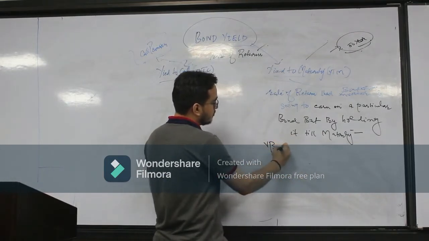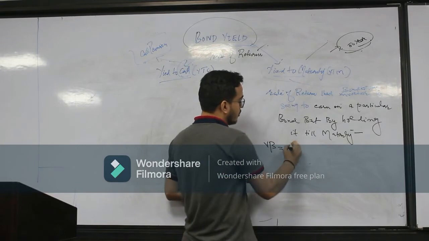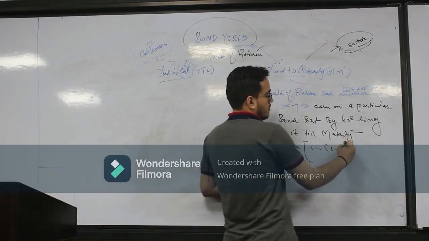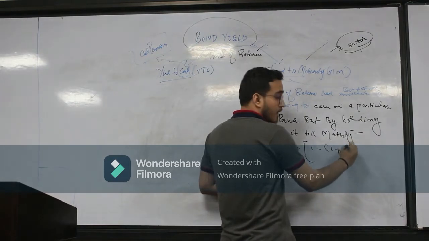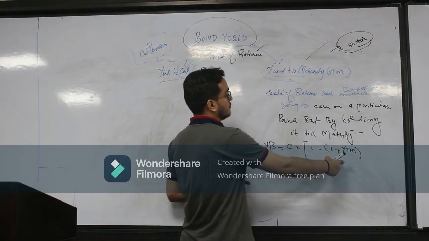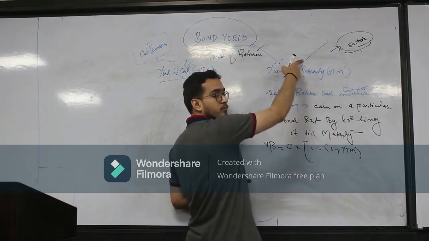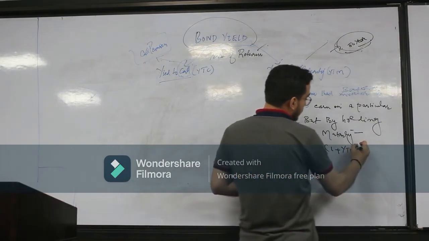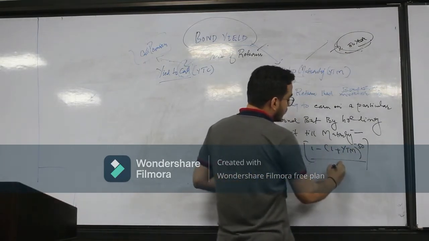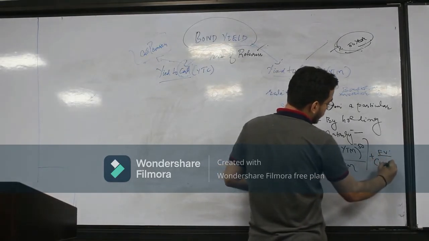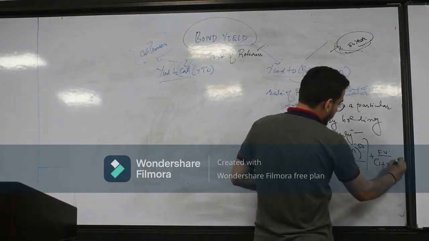Simply by using the same formula: value of bond equals coupon into 1 minus 1 plus YTM to the power minus n upon YTM, plus face value upon 1 plus YTM to the power n. In the last lecture we were writing rd, now this will become YTM, because we want the yield to maturity of a bond that we are going to hold till maturity.